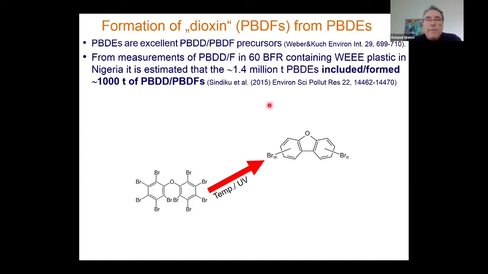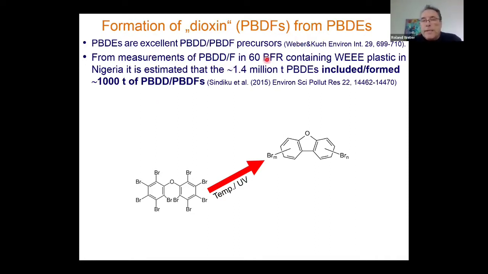So we measured e-waste plastic in Nigeria, and we found high levels of brominated dioxins in this plastic, and especially those which contain PBDEs.